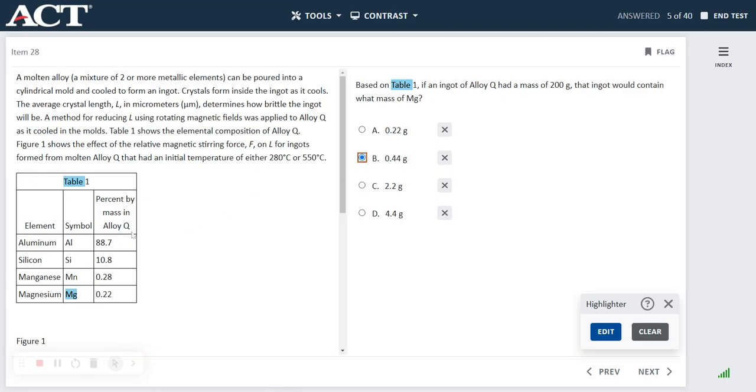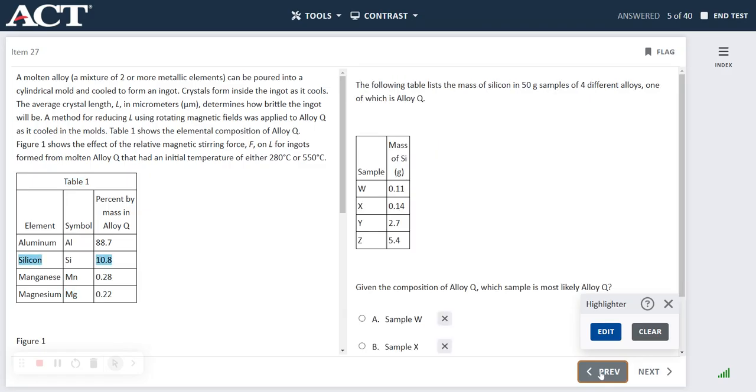So B, right? The total percent, less than 1% of the mass is magnesium. So we know we could eliminate C and D. And then we're going to double it because this is 200 grams, right? So percent by mass by gram. So the answer has to be B.